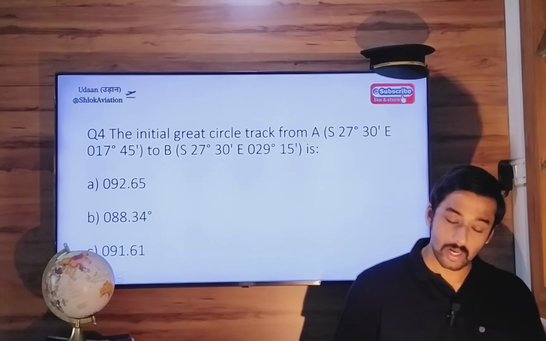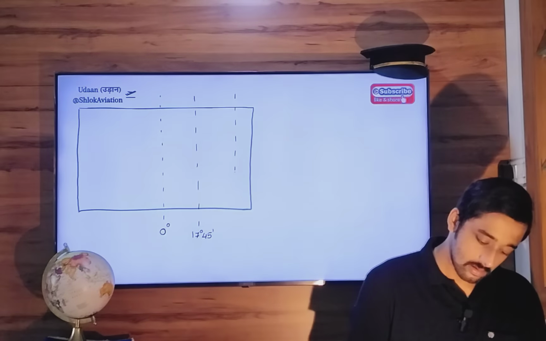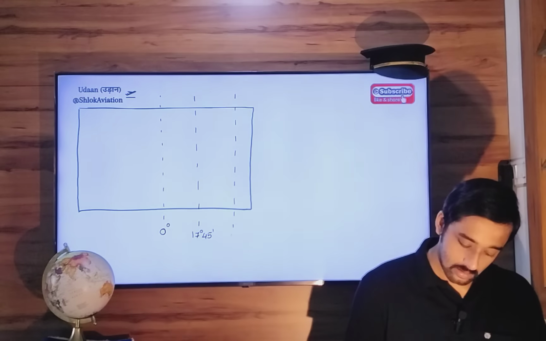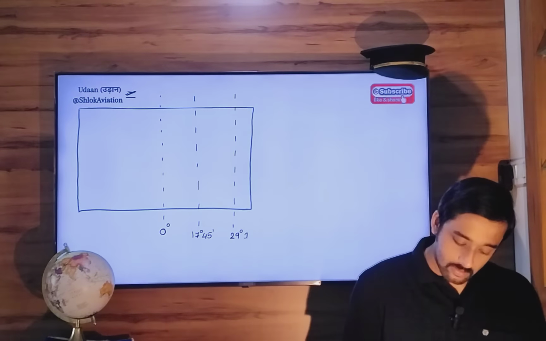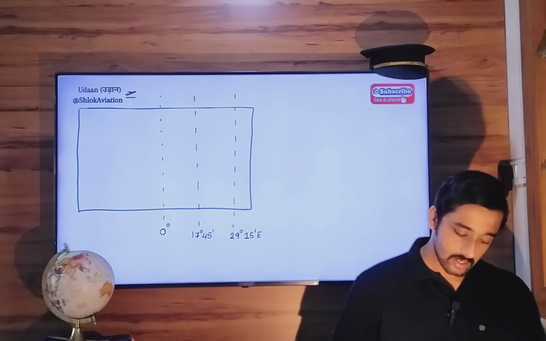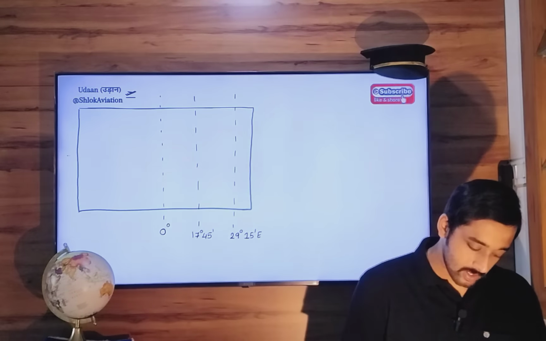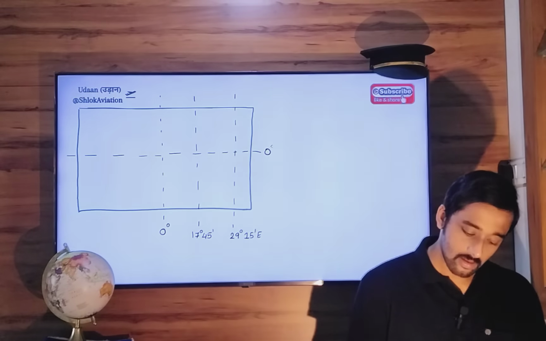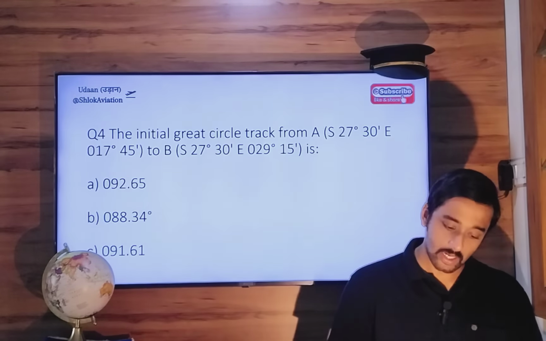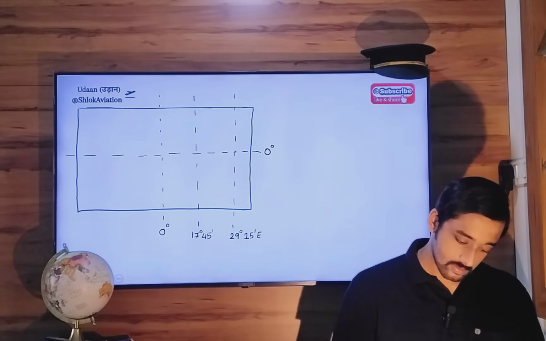Another longitude 29 degrees 15 minutes east. Correct? And both are in the southern hemisphere. So let's say this is your equator 0 degree. Now both are in the southern hemisphere, 27 degrees 30 minutes south.